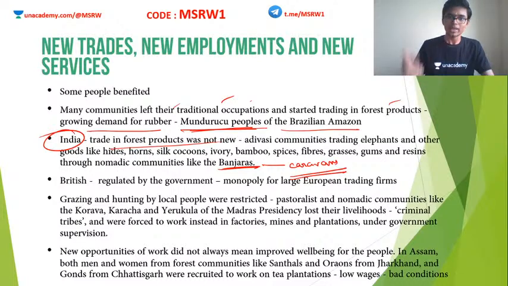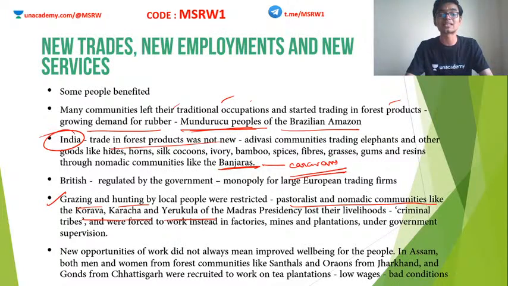Clear? What else did the British do? They imposed restrictions on grazing, hunting, etc. Pastoralists and nomadic communities like the Korava, Karacha and Yerukula of the Madras Presidency lost their livelihood. These tribes who lived off forest produce were called criminal tribes. Very important.